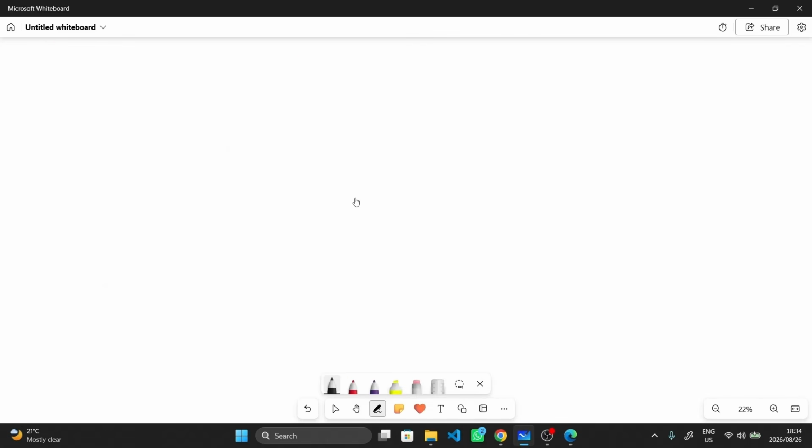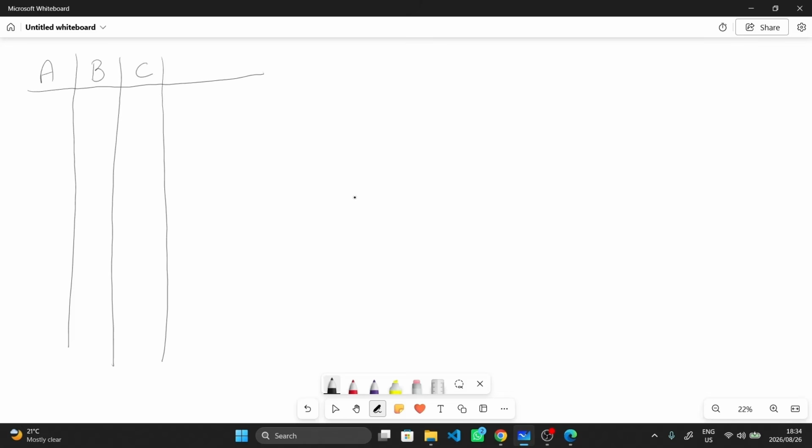And you might also get a truth table with three inputs but two outputs, X and Y. For example, let's say you have A, B, C, right?